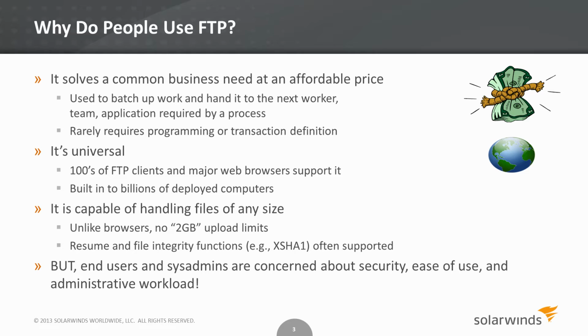So FTP over the years has grown functions to allow orderly resuming, to check the integrity of a file, to make sure that those 500 megabytes or those 2 gigabytes, whatever it was that you sent, are exactly the same thing on both sides. But there are some ongoing concerns about FTP, and we have to address those.